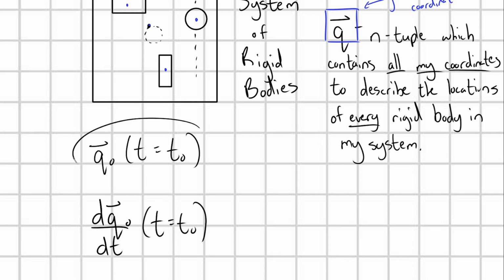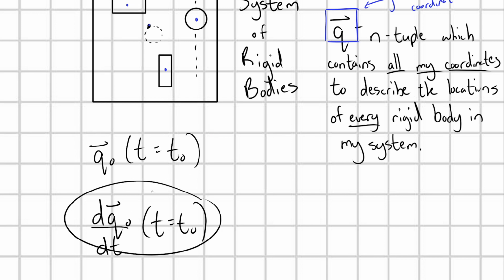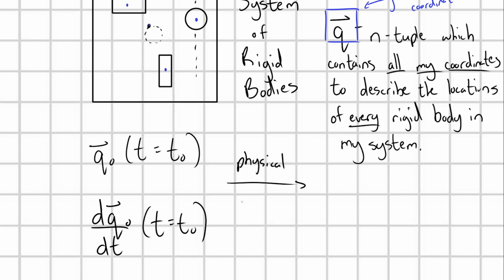So you tell me where all of my objects are at t equals t naught, and what their generalized velocities are. If you give me that initial information, and I'm able to use some set of physical laws to come up with q as a function of time, I've won the game. Because now I'm able to tell you the location of every rigid body at every moment in time.